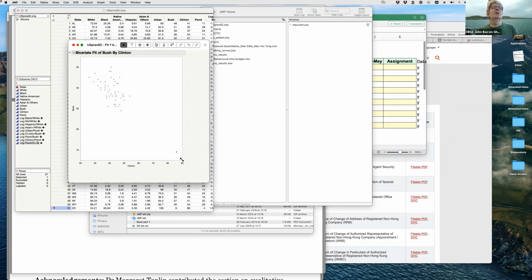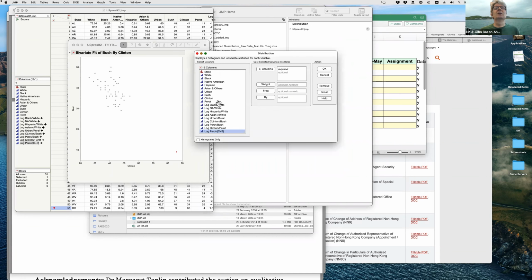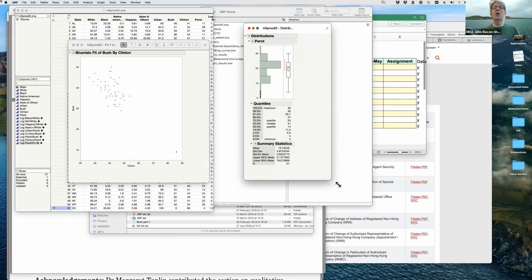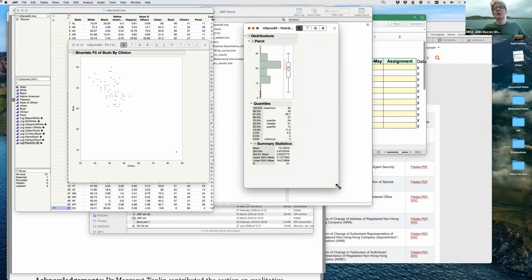But there's also Perot. If we look at the distribution of Perot's share of the vote, Perot never got more than 30% of the vote. That means Perot never won a single state.